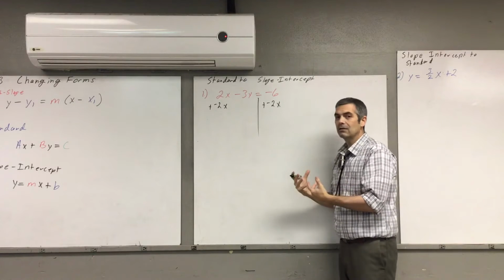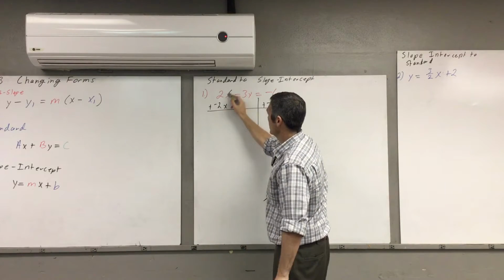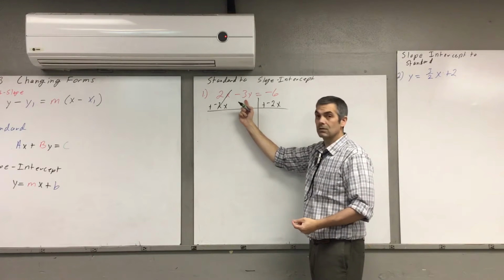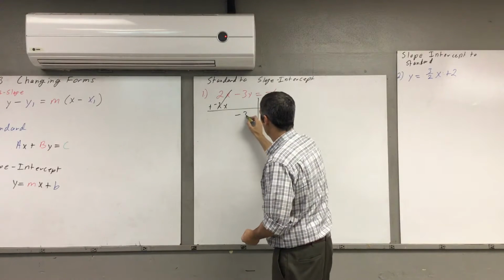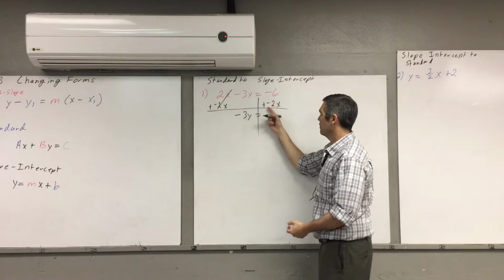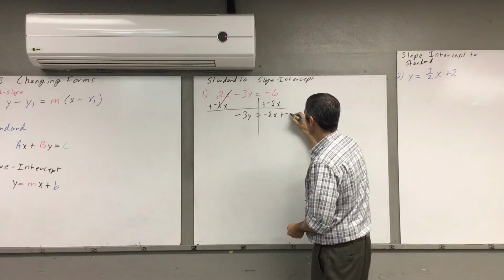That's the reason I like using add the inverse in this situation. So this will cancel this out. This subtraction goes with this 3. So negative 3y equals, and then I'm going to move this in front, and this to the back, negative 2x plus negative 6.